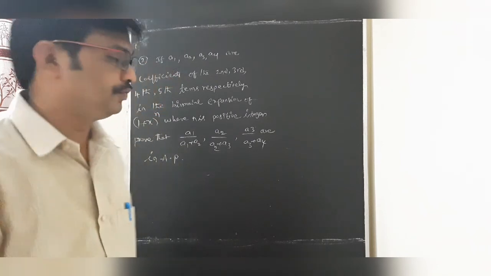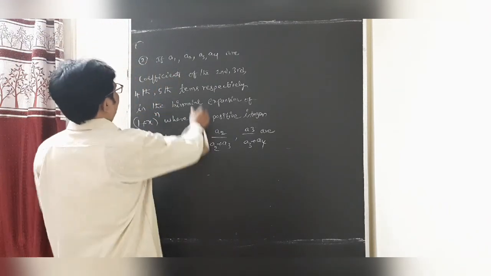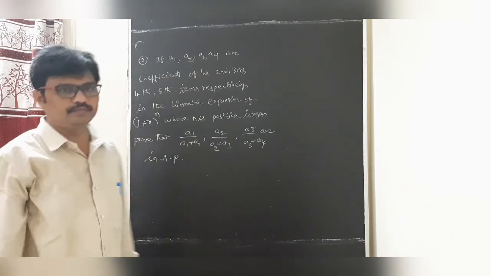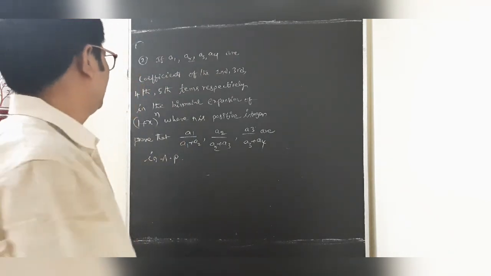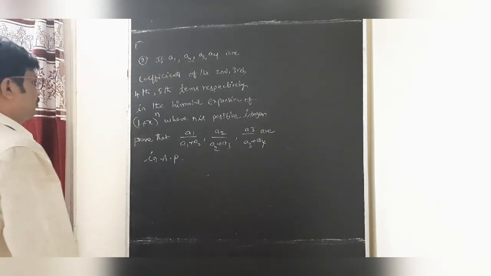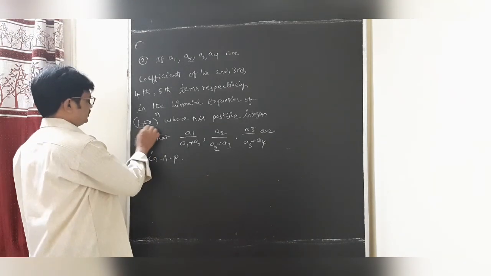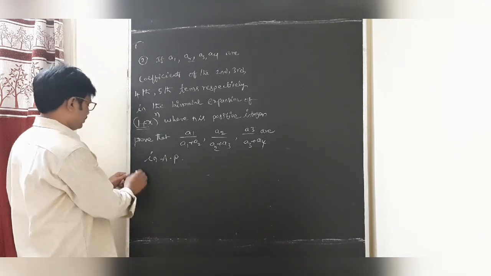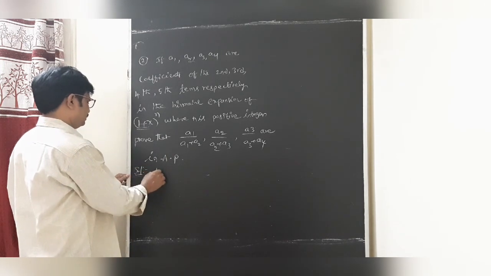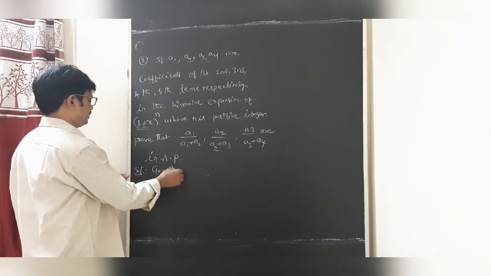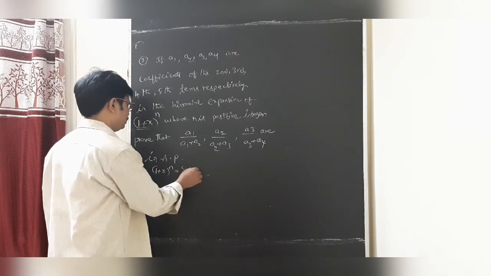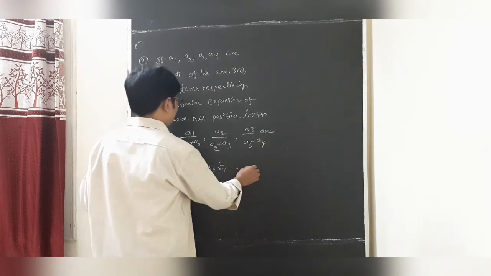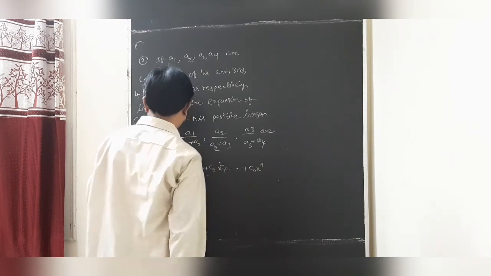So dear students, if a1, a2, a3, a4 are the coefficients of the second, third, fourth and fifth terms respectively in the binomial expansion 1 plus x whole power n. This is C0, C1x, C2x square and so on, Cn x power n.